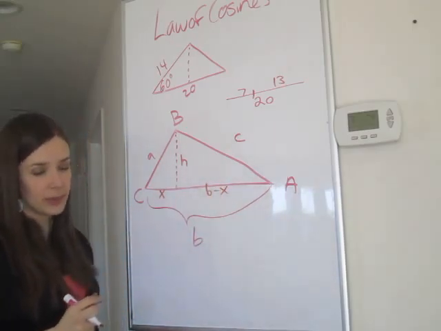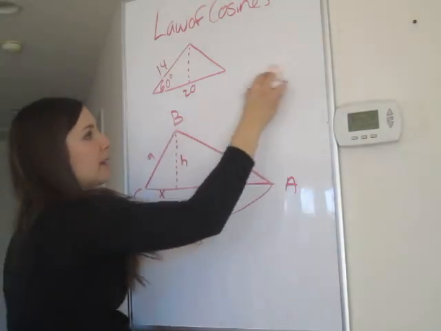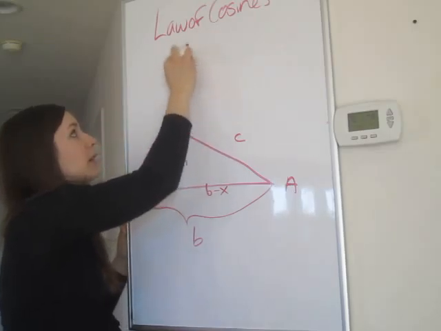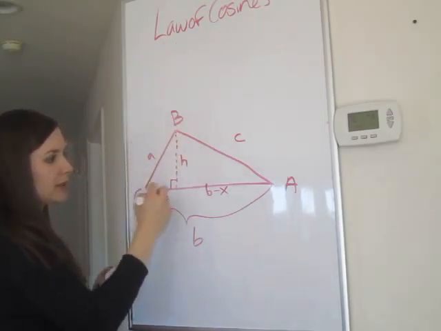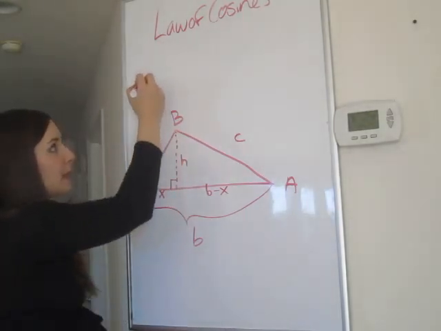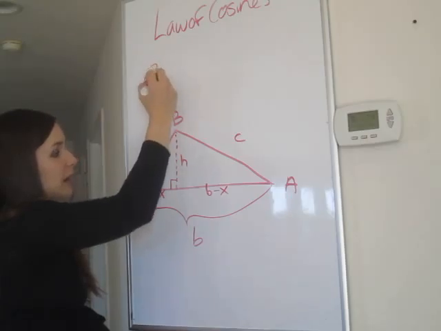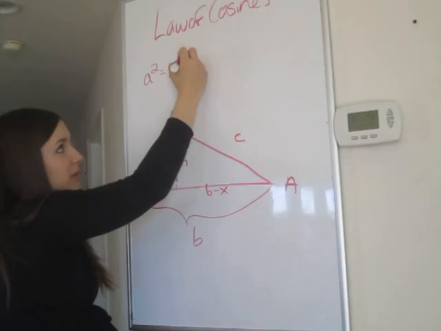Okay, so we can do some right triangles here. I'm going to erase my picture right here so I have some room to write. If I think about this right triangle right here, there's some relationships I can write because it's a right triangle. So I'm going to use the Pythagorean theorem. So a squared is equal to x squared plus h squared.